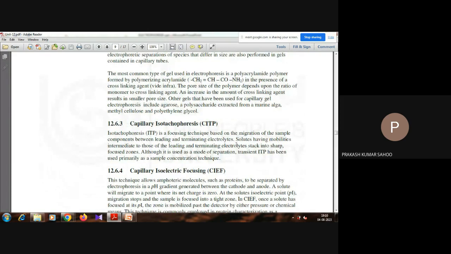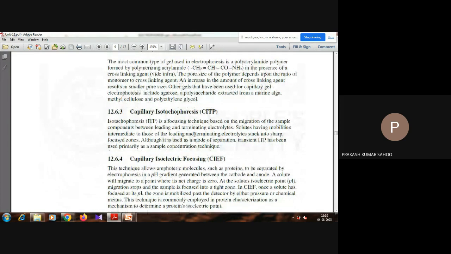And then we have capillary isotachophoresis. This is just a focusing technique based on the migration of the sample component between leading and terminating electrolytes. Solutes having mobilities intermediate to those of the leading and terminating electrolytes stack into sharp focused zones.